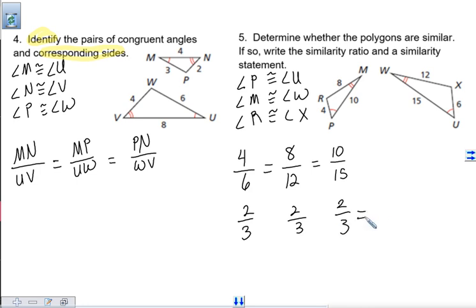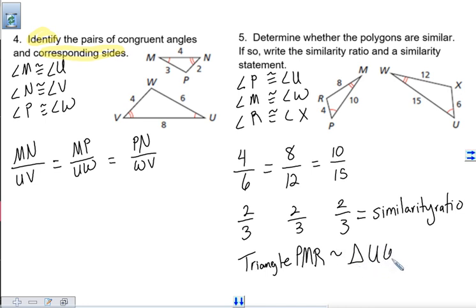So that means 2/3 is my similarity ratio. And my similarity statement would be triangle PMR is similar to triangle UWX.